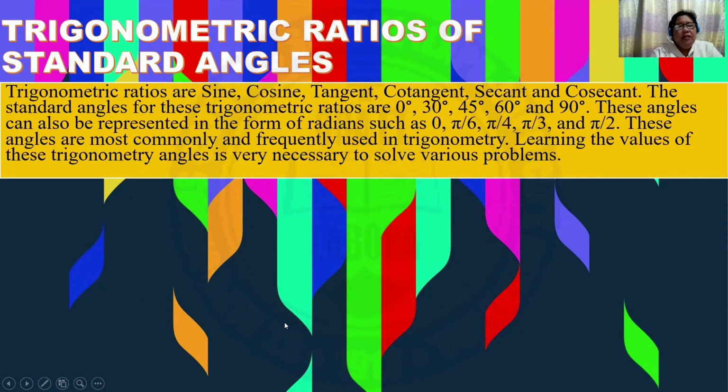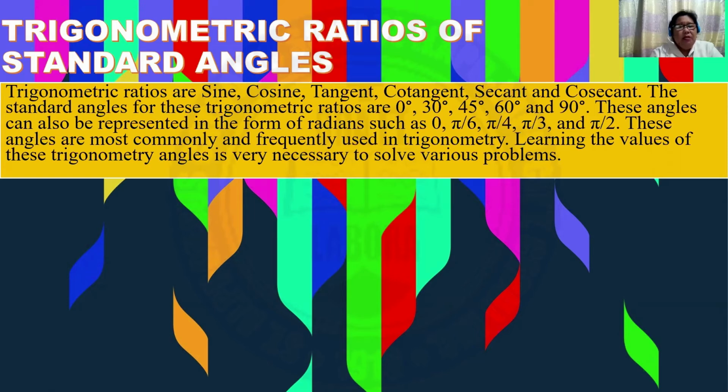Now, the trigonometric ratios are sine, cosine, tangent, cotangent, secant, and cosecant. The standard angles for these trigonometric ratios are 0 degree, 30 degrees, 45 degrees, 60 degrees, and 90 degrees.